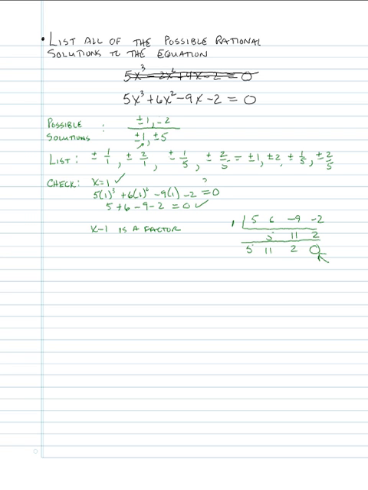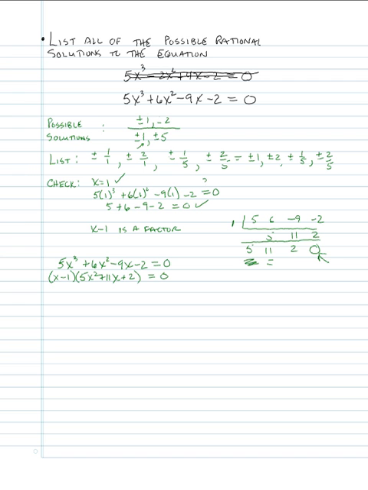So here's what we've got now. We started out with 5x cubed plus 6x squared minus 9x minus 2 is 0. And because x minus 1 is a factor, we say, oh, well, now that's x minus 1 times the other factor, which is the quotient, 5x squared, see, that's coming from here, plus 11x coming from here, plus a 2.